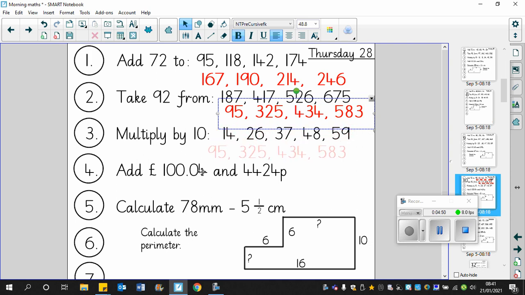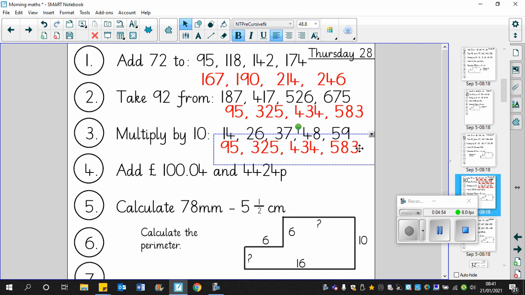Let's bring these answers down. So multiplying by 10. Now these are very, very easy at the moment, but you'll get some questions next week. They'll be multiplying by 100, and then you'll be dividing by 10 and dividing by 100 and stuff. So it will get a little bit more tricky.